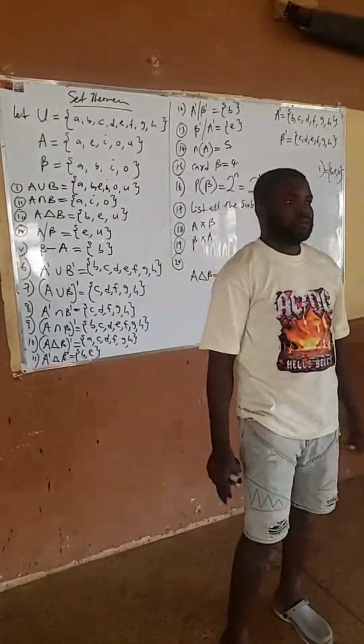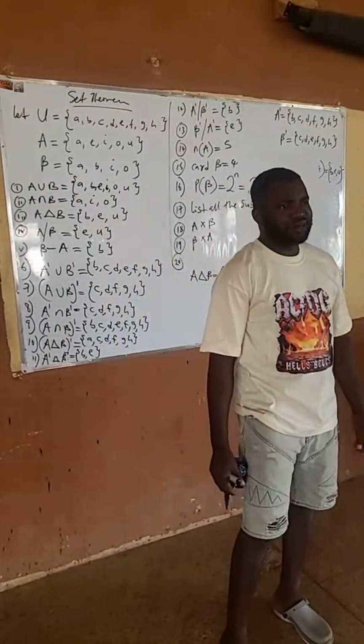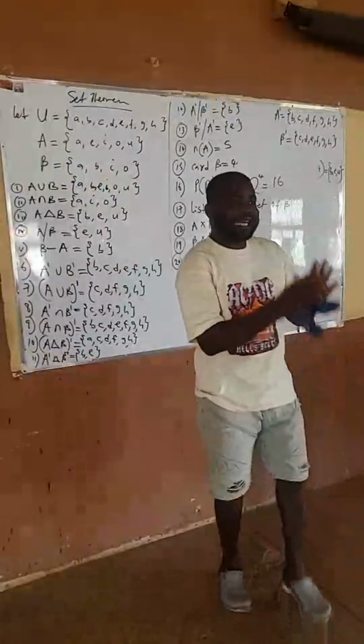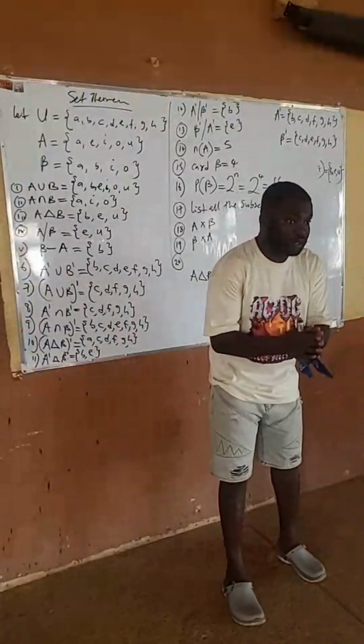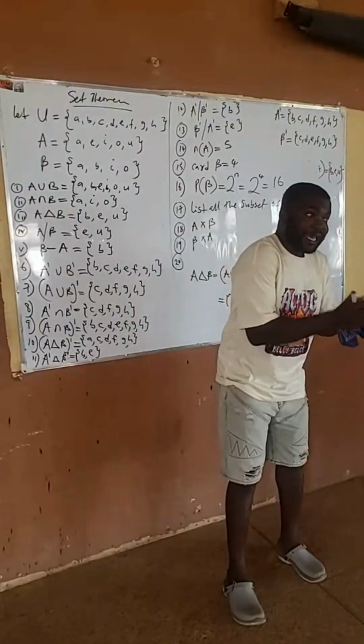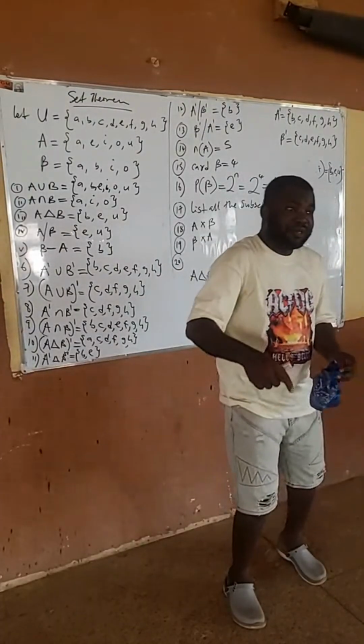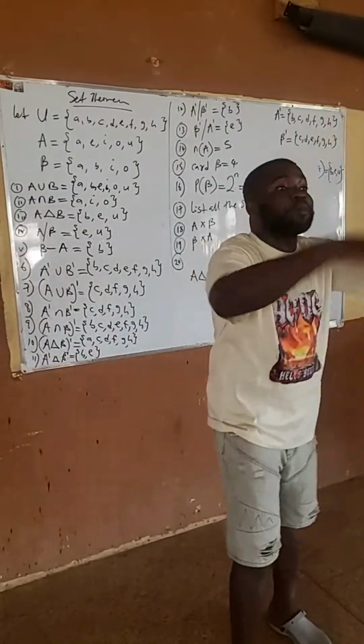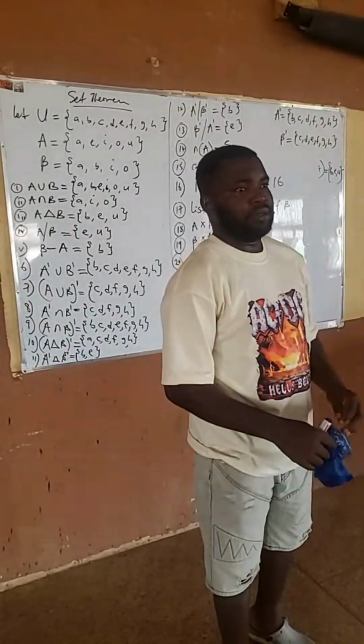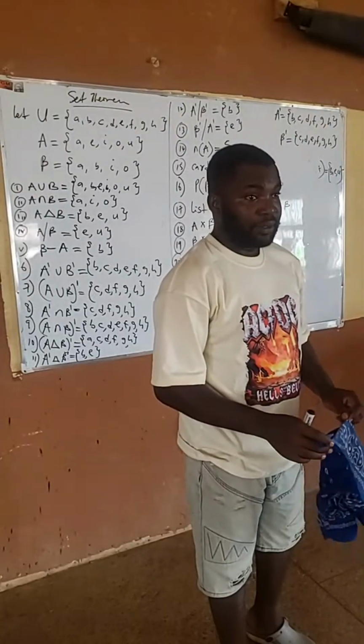Do you understand it now? Let me repeat. The cardinality of set A means the number of elements in set A. Then the power of set A simply means the number of all the subsets of set A. You want again now? Write it down.